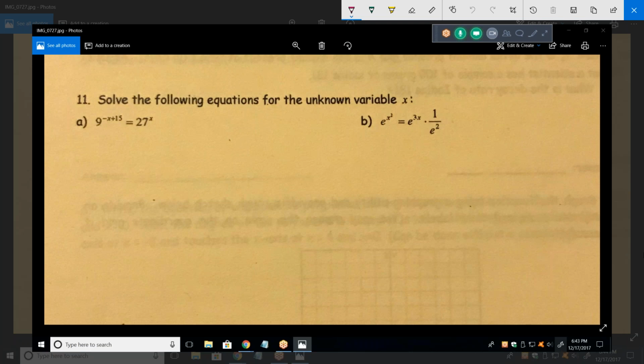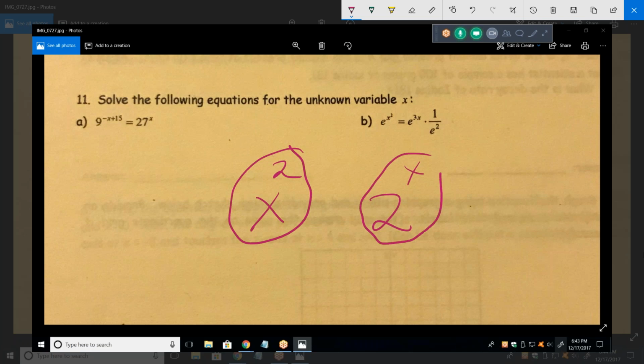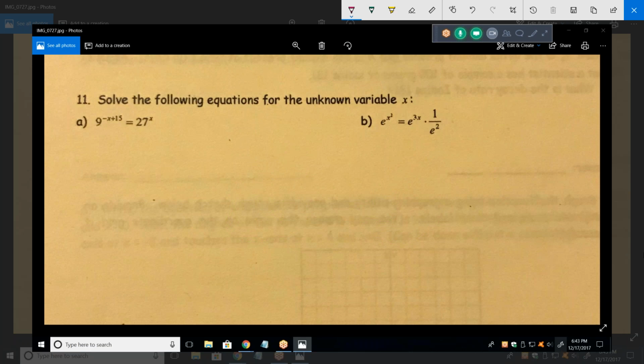There is a huge difference between x squared and 2 to the x. That is an algebraic expression. That is an exponential expression. You cannot solve these algebraically, unless they are of a very special kind, like 11a, which is a very special kind of exponential equation.